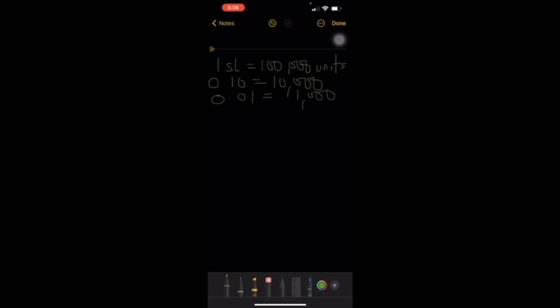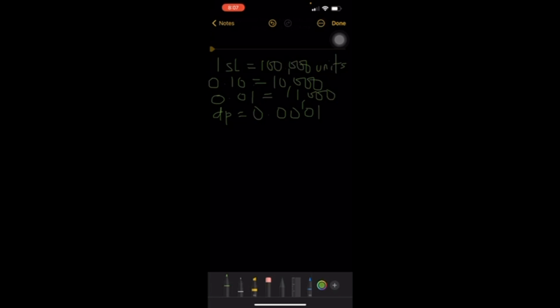Good. Remember, we had noted the decimal place. We're dealing with Euro USD, so this is going to be 0.0001. We also noted that, let's assume we're going to be using 5 mini lots.